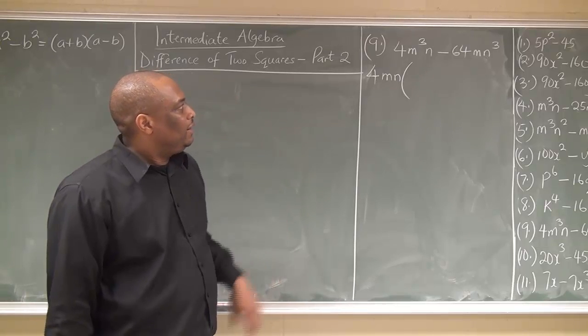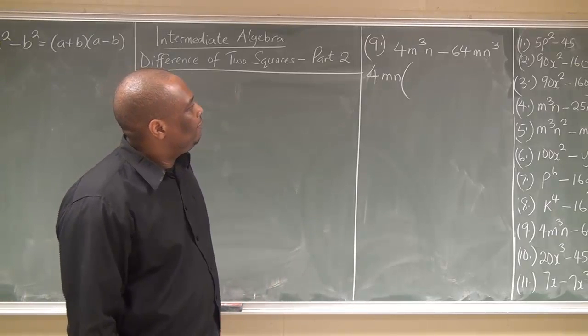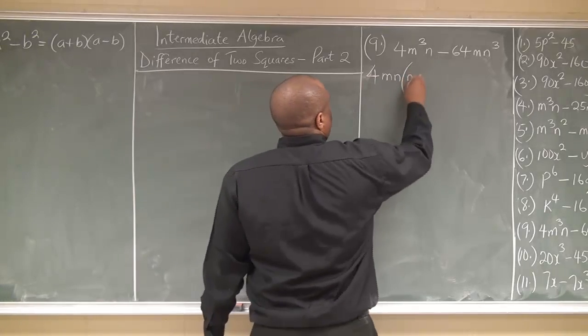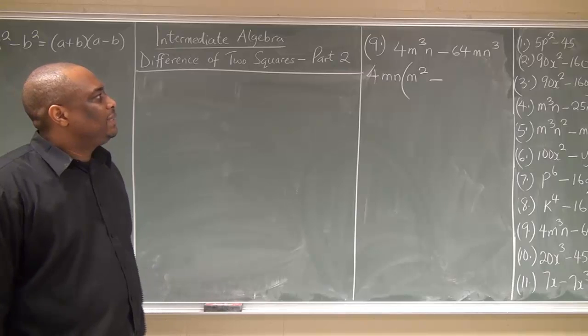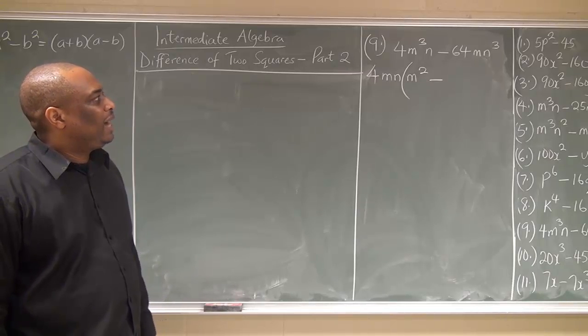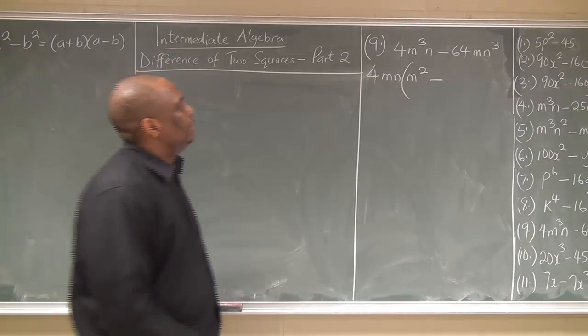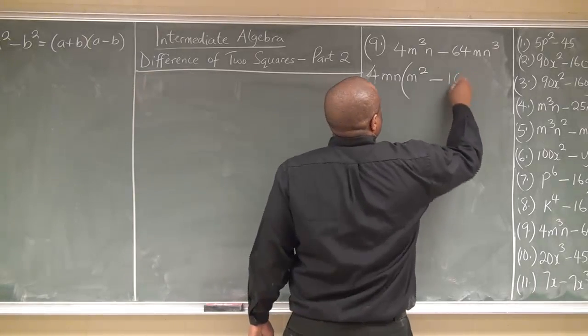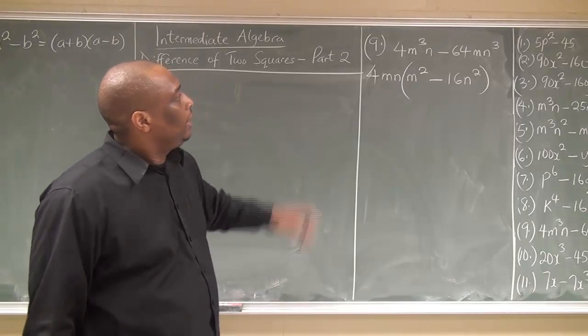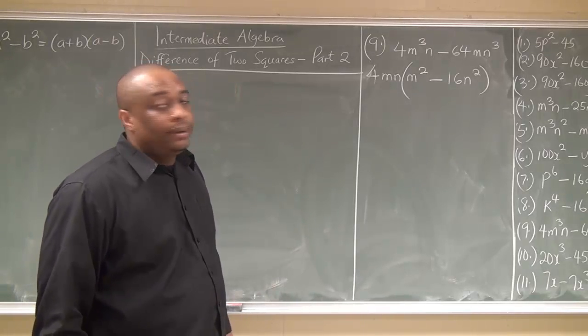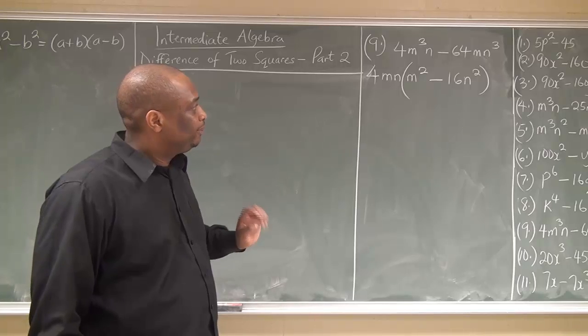If you divide that, 4m cubed n divided by 4mn will give you m squared, minus 64mn cubed divided by 4mn will give you 16n squared. You see that?